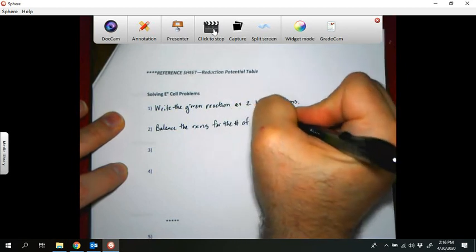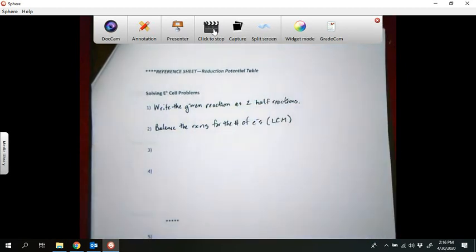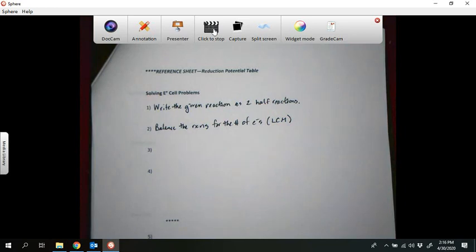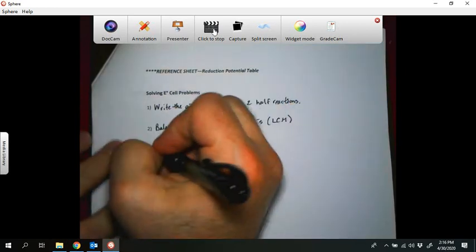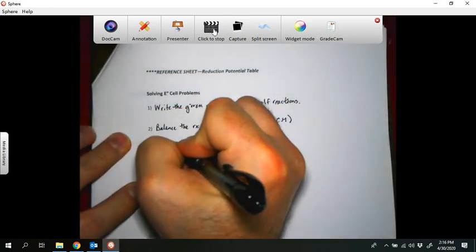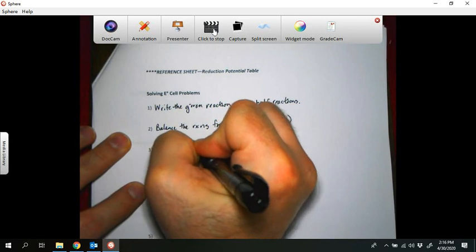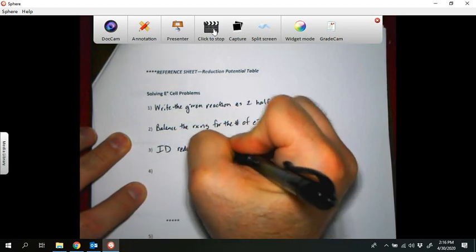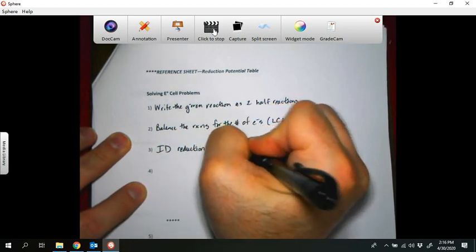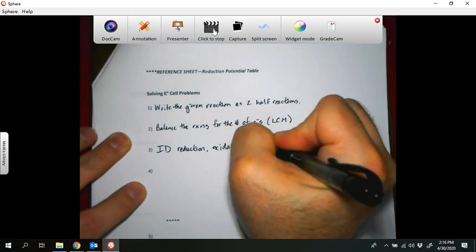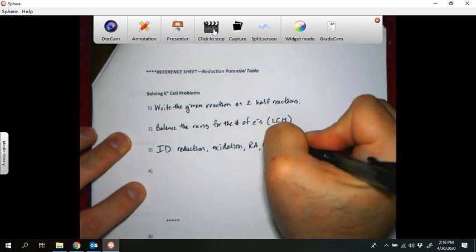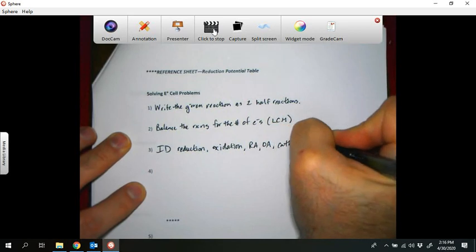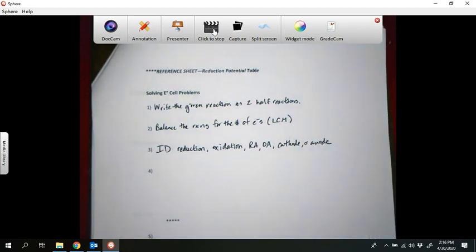Basically, we're going to find out what the LCM is. We're really not going to use that in this problem or this worksheet, but we will in future worksheets. We're going to ID which reaction is the reduction, which one is the oxidation, the reducing agent, the oxidizing agent, the cathode, and the anode. So it's just a lot of ID.